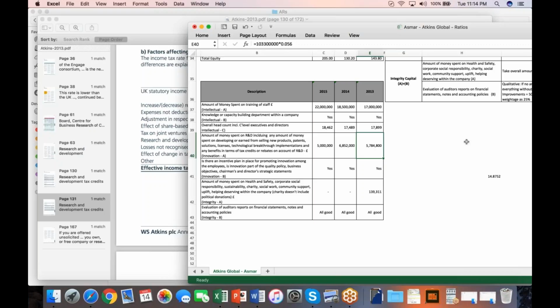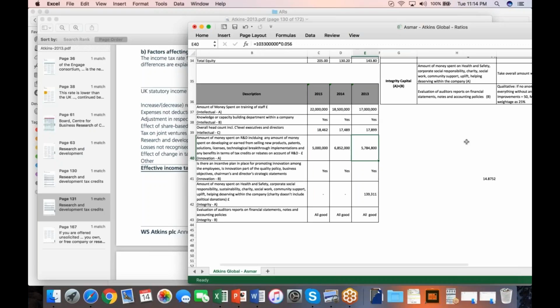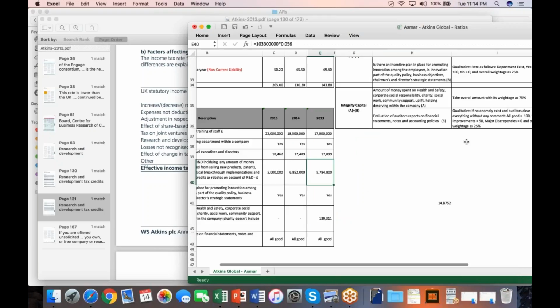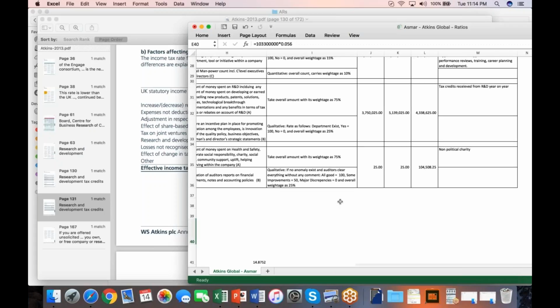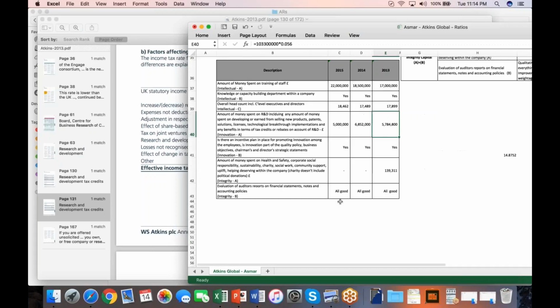I gave this explanation in one line, but I will do it in narration. This is clear because they have not disclosed how much money they are spending on R&D.